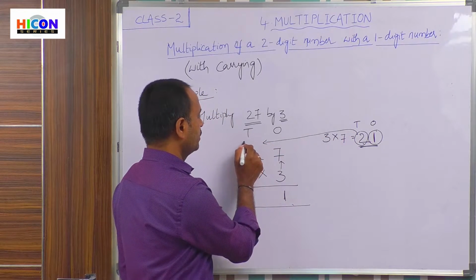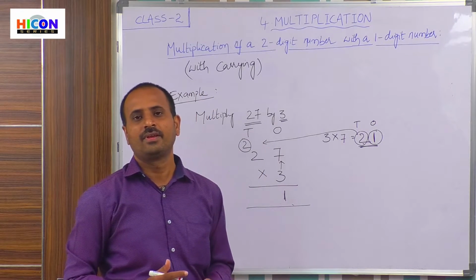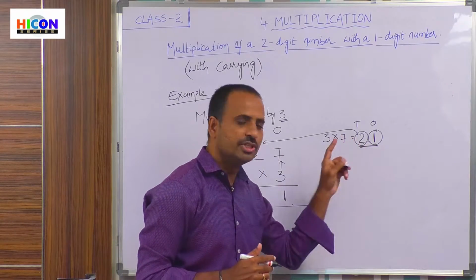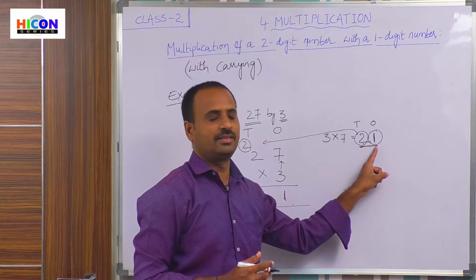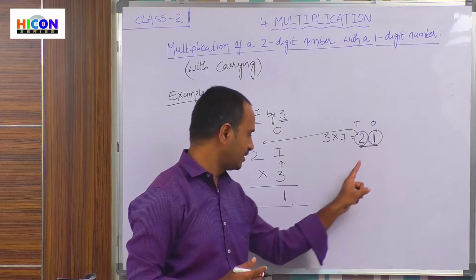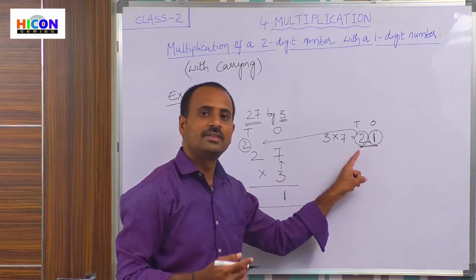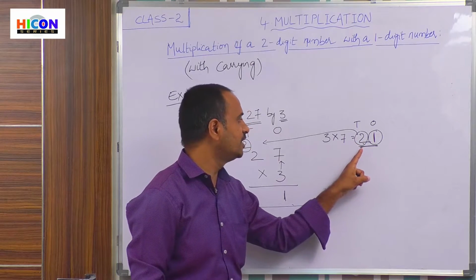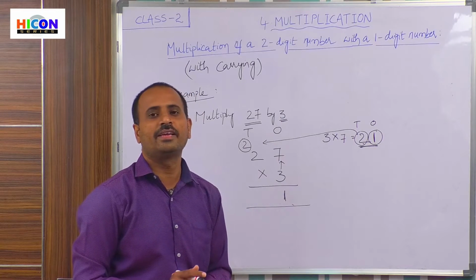So write the 2 here. Children, this is called carrying. If the product is a two-digit number, then write the last digit, that is the second digit, under ones place and carry the first digit to the next place. This is called carrying.